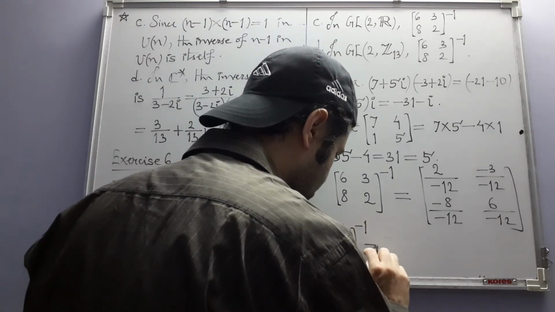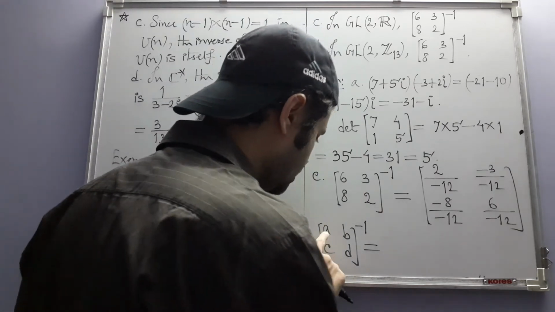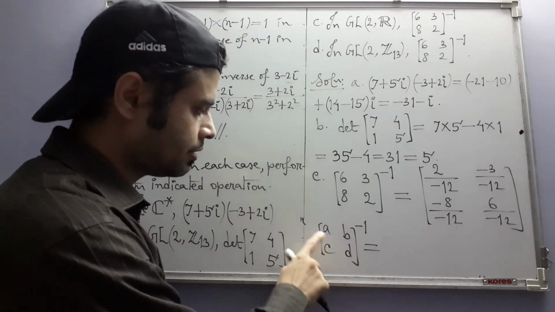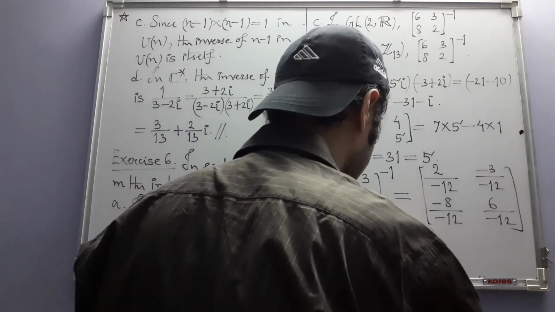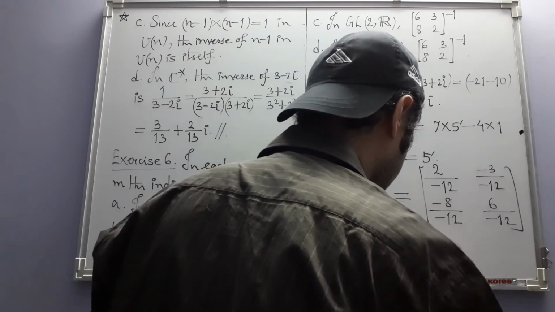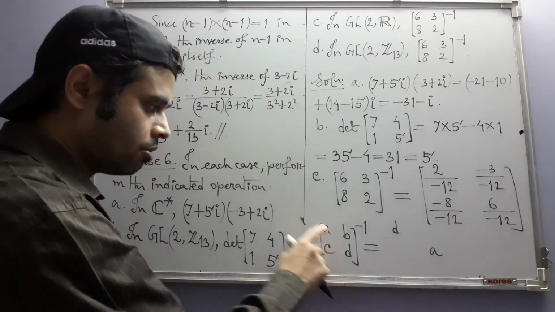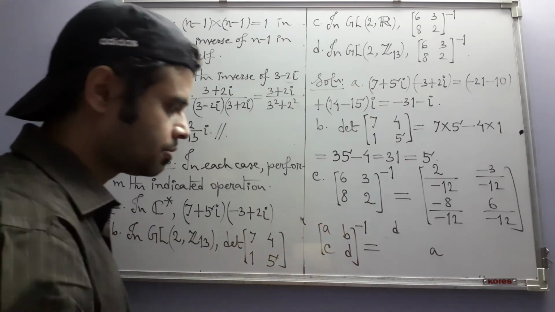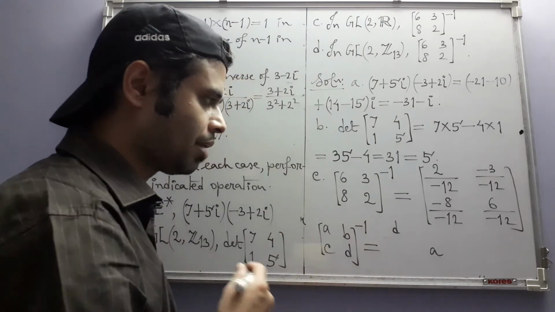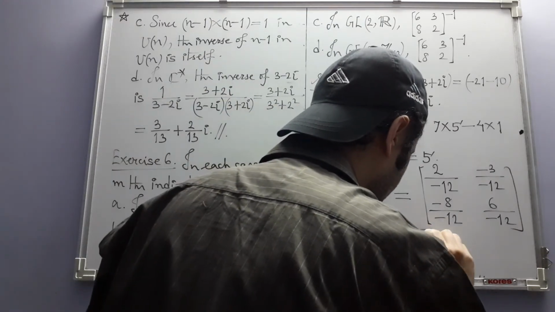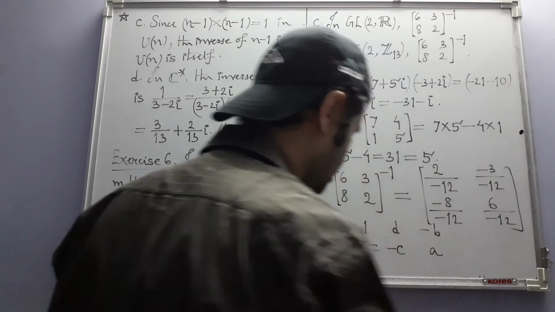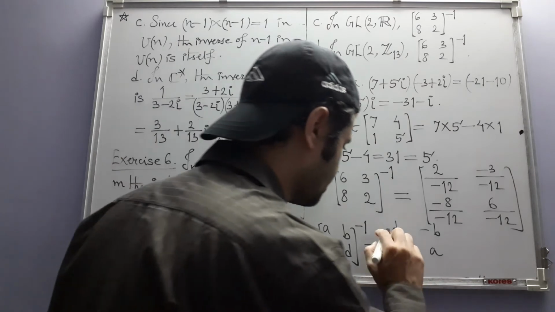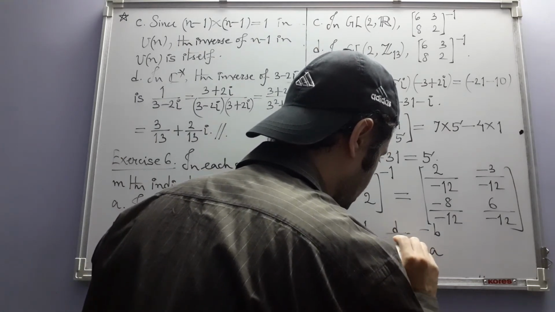The formula for the inverse is this: you interchange the positions of A and D, the leading diagonal entries. Here you have D, here you have A. You don't interchange the positions of B and C, that is, you keep them in their positions, but supply a minus sign with them. Minus B, minus C, and you divide all the entries by the determinant, that is AD minus BC.